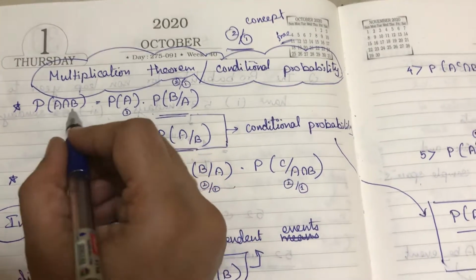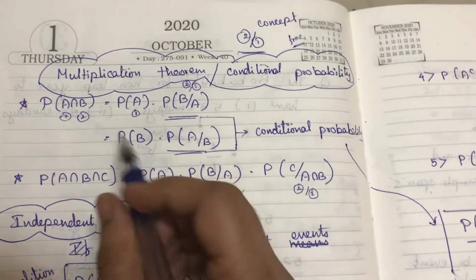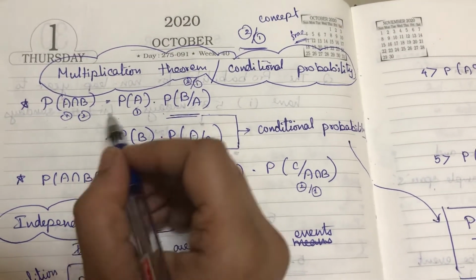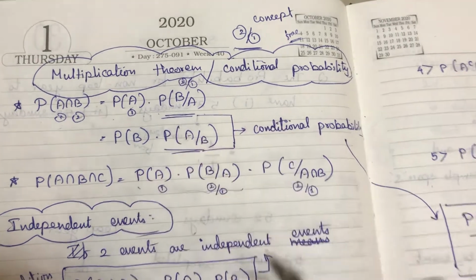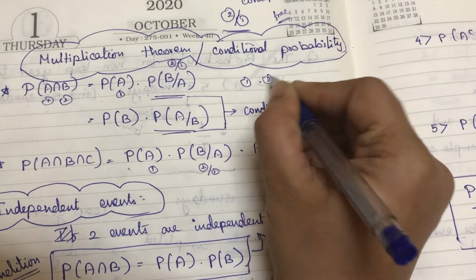P of 1 and 2 is nothing but 1 into 2 by 1.